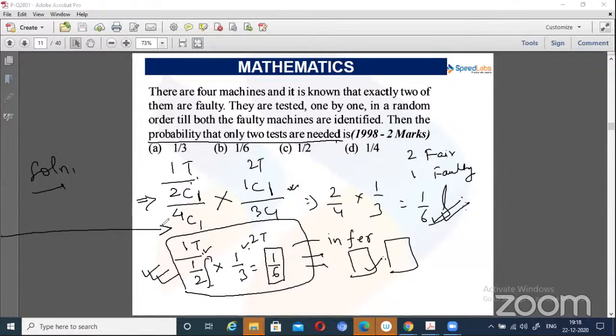Or is there something wrong? Can we look for a loophole here? First test, it is correct. Not faulty, not faulty. So yes, the rest two are faulty, which is correct. So the only point I can talk about is that you are inferring from it, and here you are getting the exact faulty machines. Other than that, I don't have an answer to this.